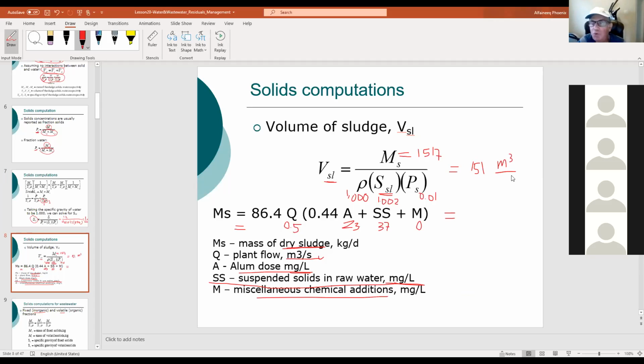So this is how much your daily production of the sludge in that water treatment is, just from the alum, guys. That's just from adding the alum alone. You need to deal with this, right?